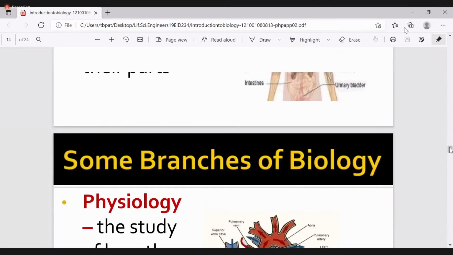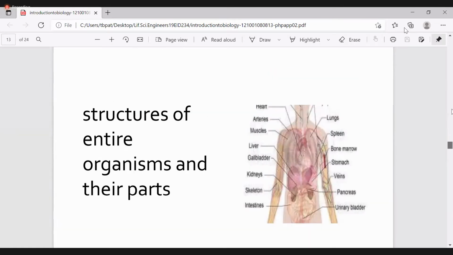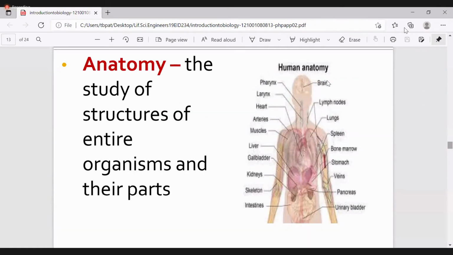This is the study of human anatomy: the brain, the lymph nodes, the lungs, the spleen, the bone marrow, gastric meaning stomach, veins, the pancreas, the urinary bladder, the intestines, the big intestines and the small intestines.